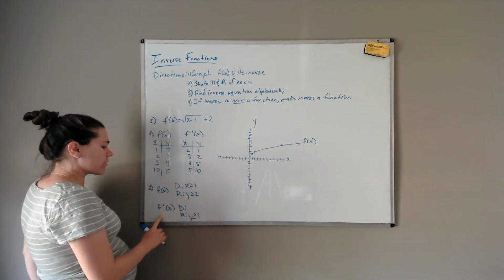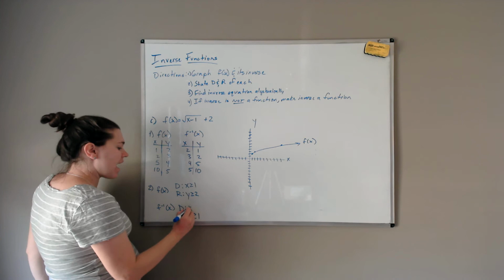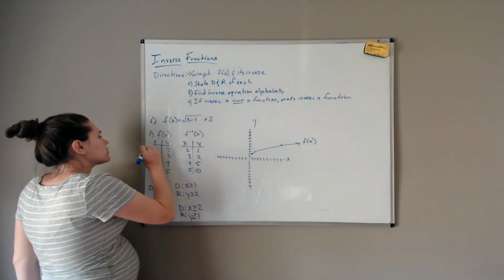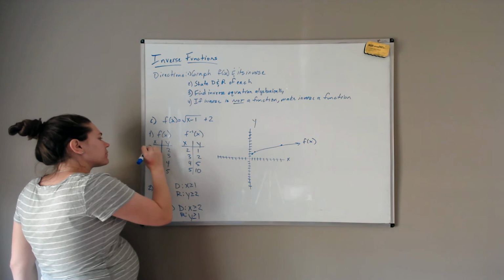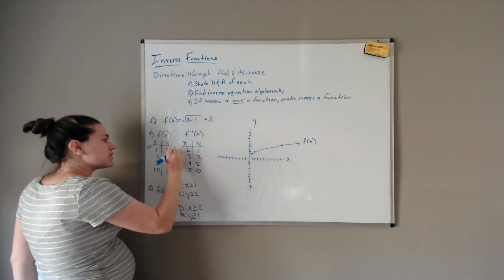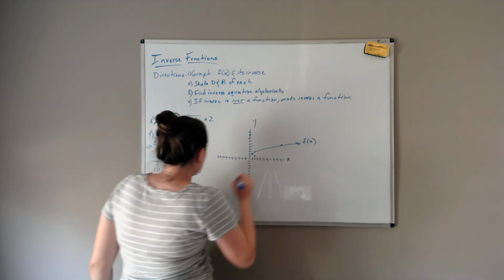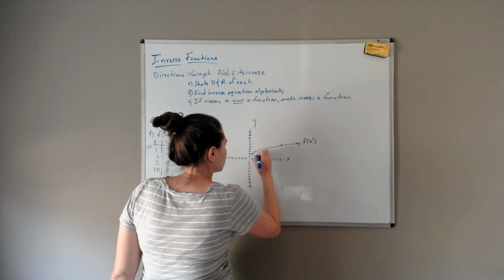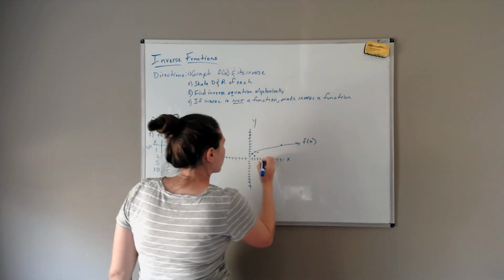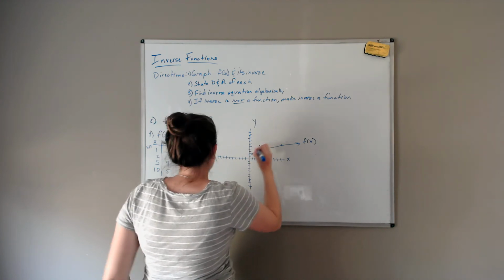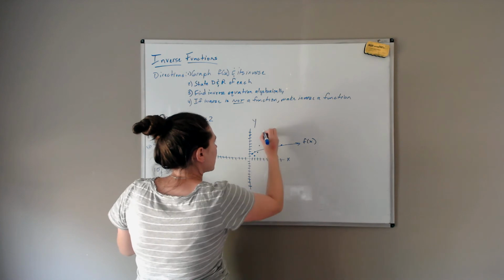So for the inverse, the input, which is x, has to be greater than or equal to 2. So if this was the starting point of the original, this is the starting point of the inverse: 2, 1, and then 3, 2, and then 4, 5, and then 5, 10.